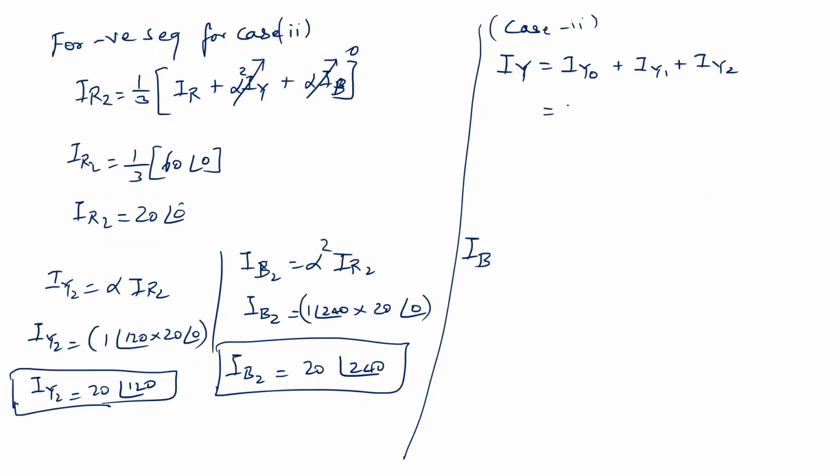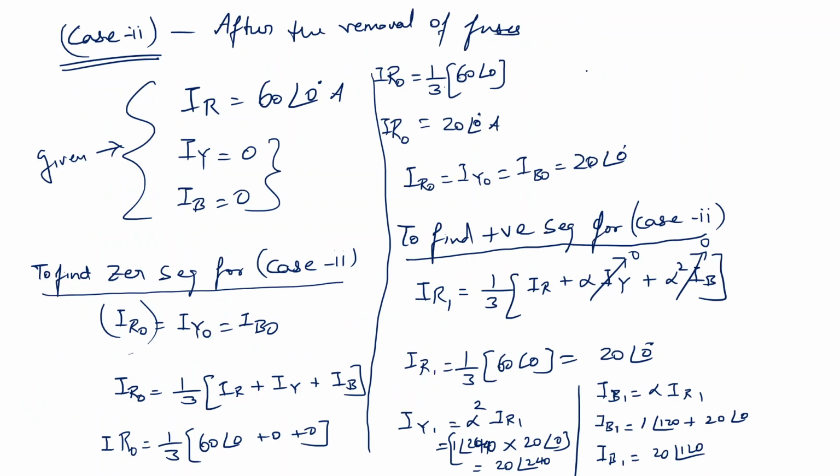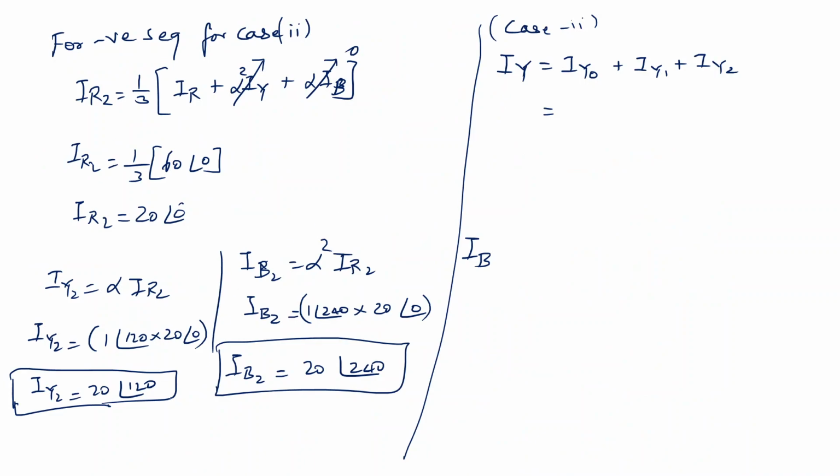So what is the value of IY0? IY0, as we found, is 20 angle 0. IY1 is 20 angle 240, and IY2 is 20 angle 120. So 20 angle 0 plus 20 angle 240 plus 20 angle 120. How much are you getting? 0. Why? Because if I take 20 outside, it is 1 plus alpha square plus alpha, so we get 0.